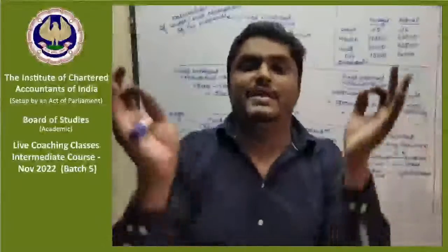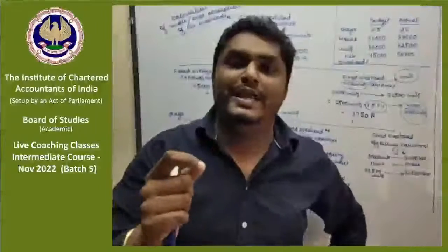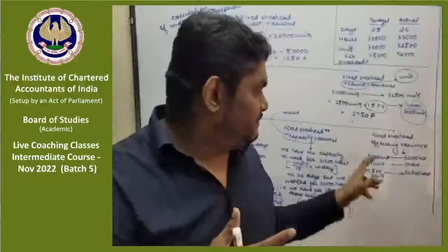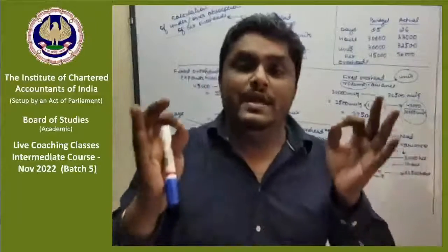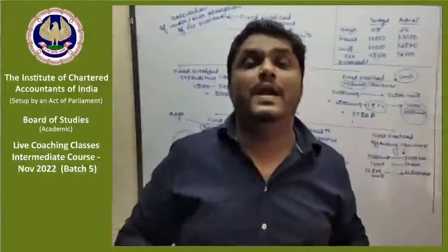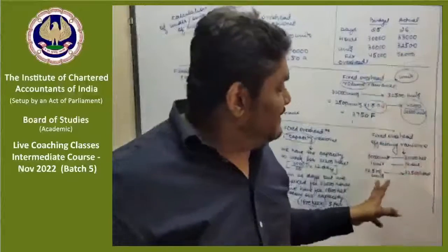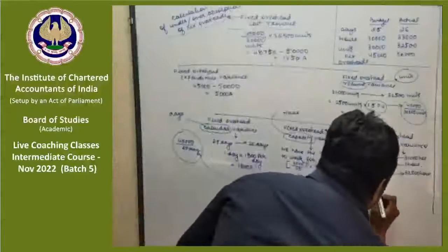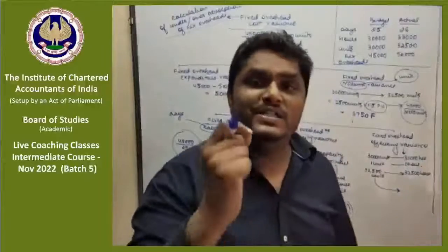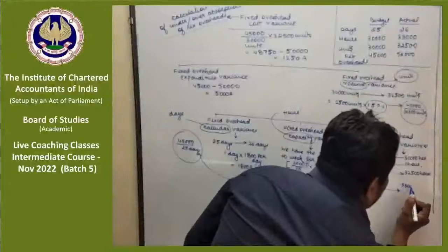So 30,000 units, 30,000 hours. So one unit should take not more than 1 hour. It means the actual production, that is 32,500 units, should be completed in 32,500 hours. But for these 32,500 units, how many hours did we consume? 33,000 hours we consumed.